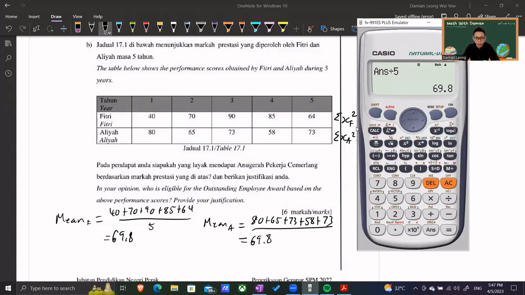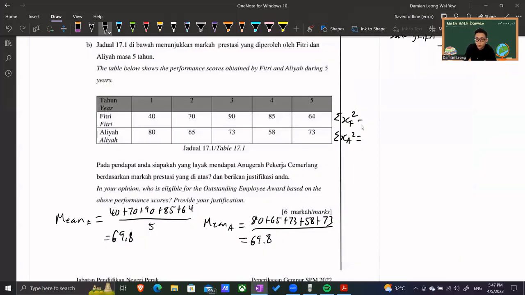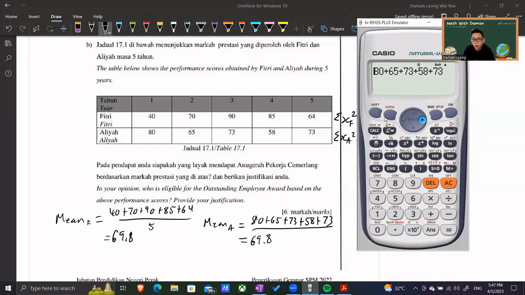So each of the values are squared. So 40 square plus 70 square plus 90 square plus 85 square plus 64 square. Add together, 25921. For Alia, 80 square plus 65 square, 73 square, 58 square, 73 square. 24647.